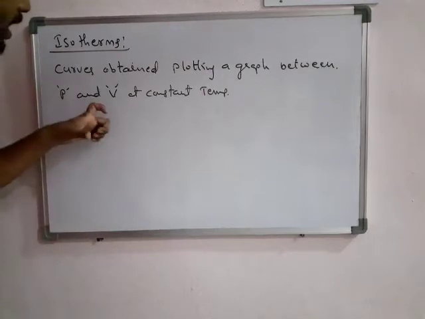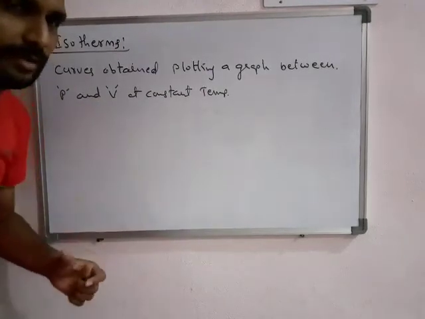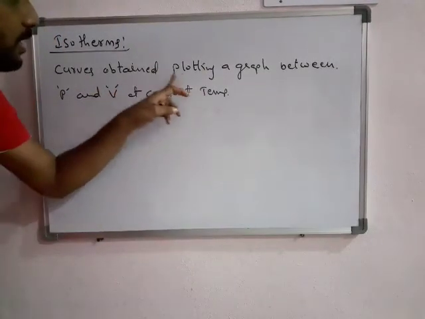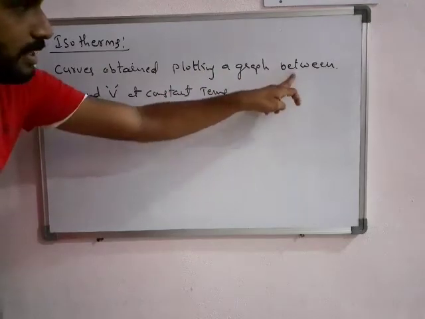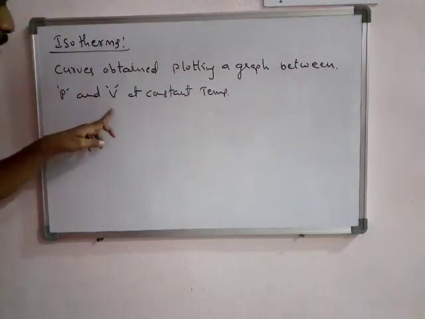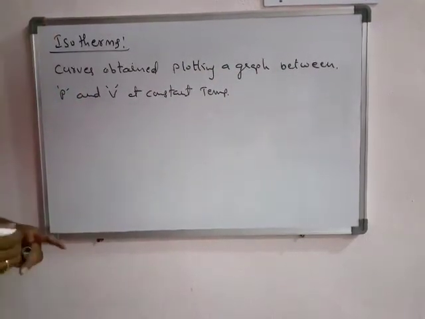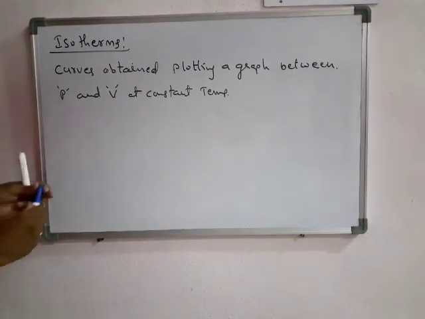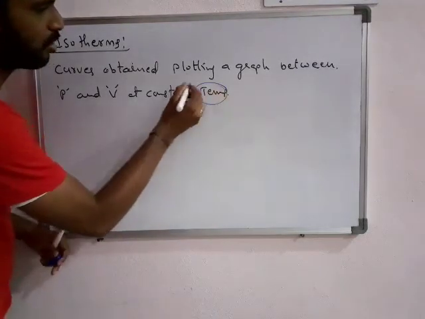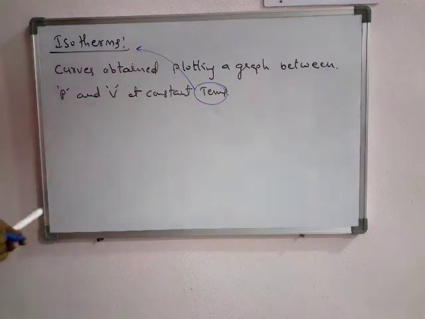The graphs, the curves or the lines, whatever they are, obtained by plotting a graph between pressure and volume at constant temperature. So all graphs taken at constant temperature, we call them isotherms. Okay, now we see so many isotherms for Boyle's law.